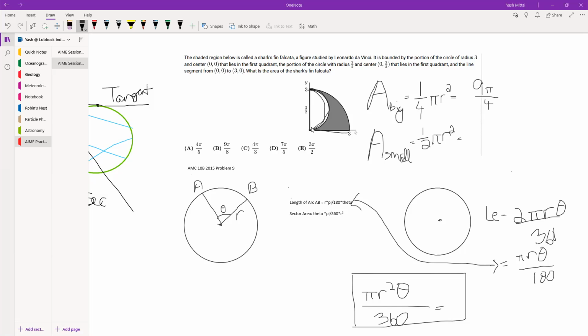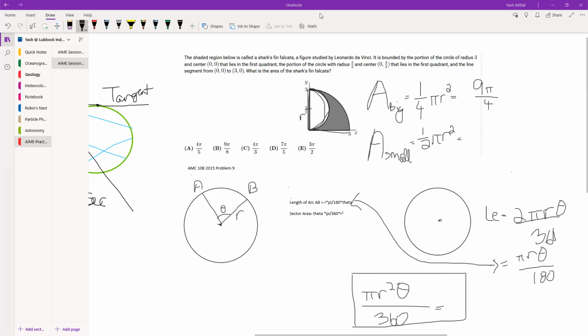Why is it 3/4? Well, just notice how this entire thing is a diameter. So 0 to 3, that's the diameter. And so half of that is the radius, and the radius goes from 0 to 3/2. And so the radius is 3/2, not 3/4.